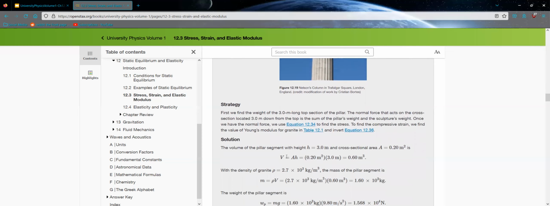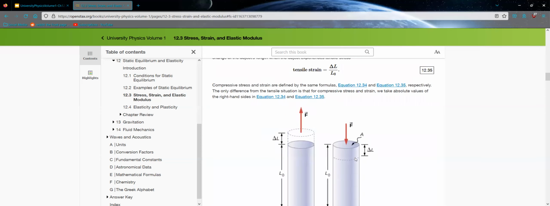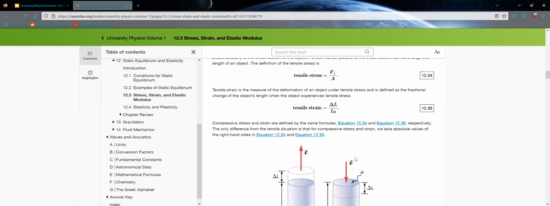So first we find the weight of the 3 meter long top of the pillar. This is important because the normal force acting on the cross section located 3 meters down is the sum of the pillar's weight and the sculpture's weight, right? Once we have the normal force, we can use equations from the text. They're shown here.